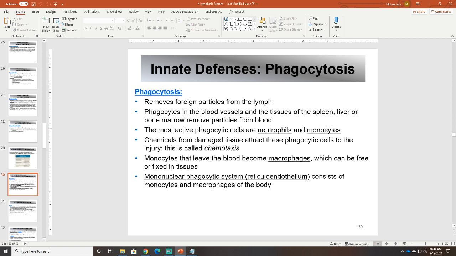Remember, the monocytes travel through the blood, and when they reach a tissue and then move into the tissue, they mature into the macrophage. Okay. All right. So yeah, macrophages we mentioned. Mononuclear phagocytic or reticuloendothelial system. It consists of monocytes and macrophages that are distributed throughout the body. Monocytes in the bloodstream, macrophages in the tissue.